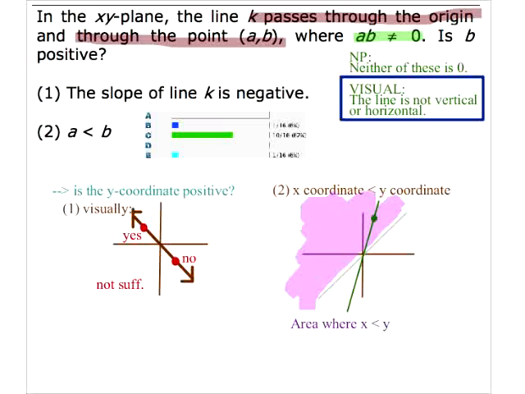And it's also got a negative coordinate on it right here. Although we don't care about that last point because that doesn't satisfy statement 2.